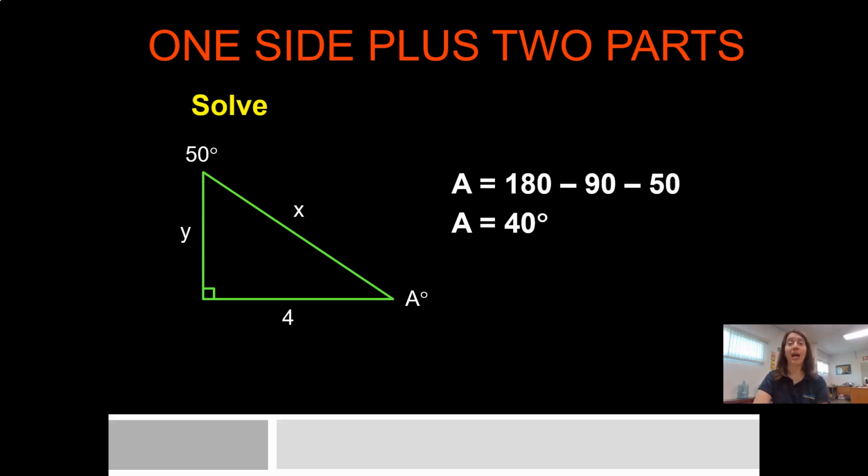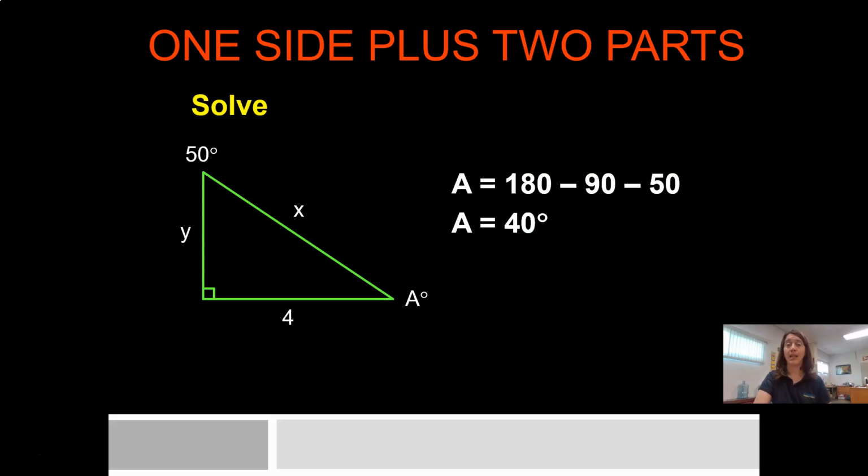Which side I find first doesn't matter. I can pick whichever one I want to do first. So I decided I was going to find X first in the picture. Well, if I'm going to find X and all I know is one side, I can't use the Pythagorean theorem, because to do the Pythagorean theorem, I would have to have two sides stated, and I don't have that.